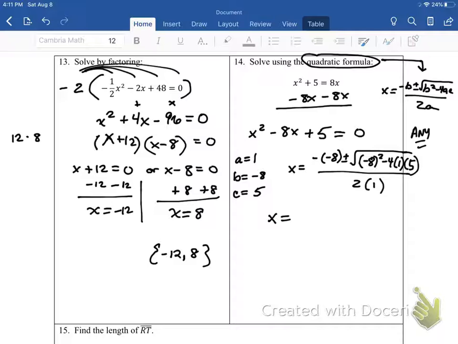First step is I evaluate the radicand. Let's just get a number into there. X equals 8, just simplify that real quick, plus or minus the square root of 64. That's negative 8 squared. Minus 20. That's 44. I would just do that on a calculator. I just don't have it handy.